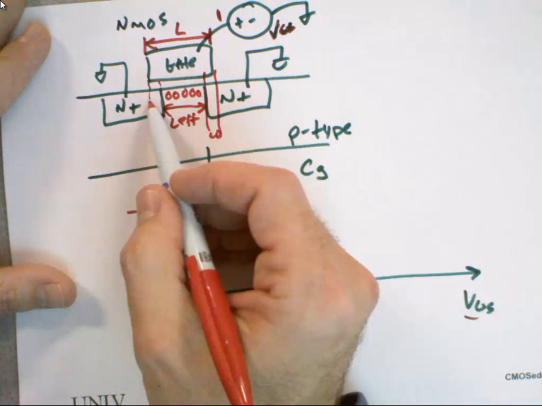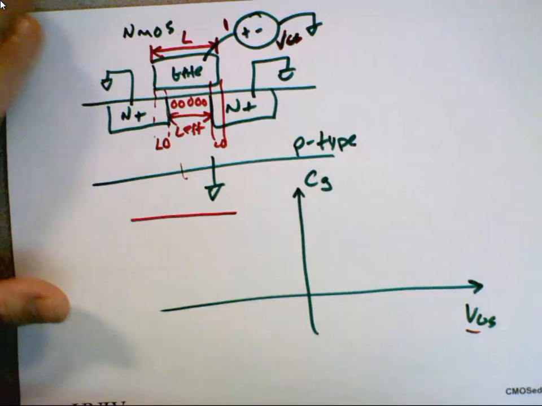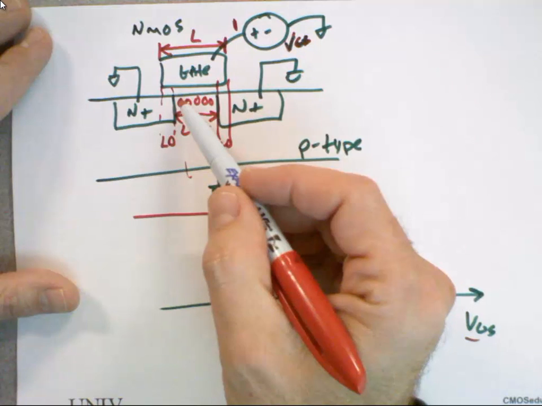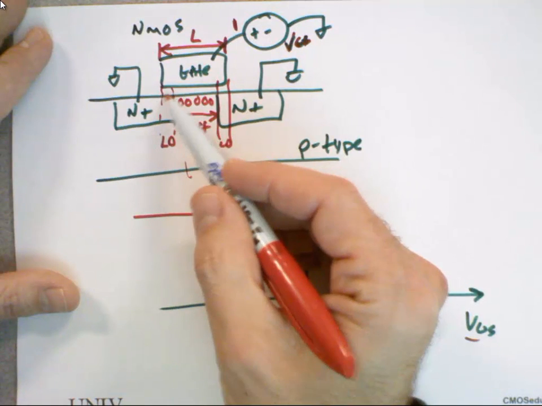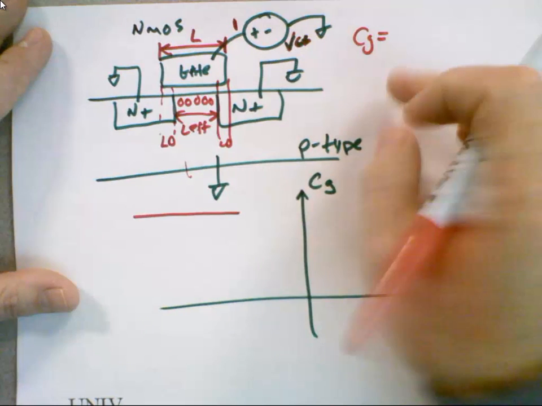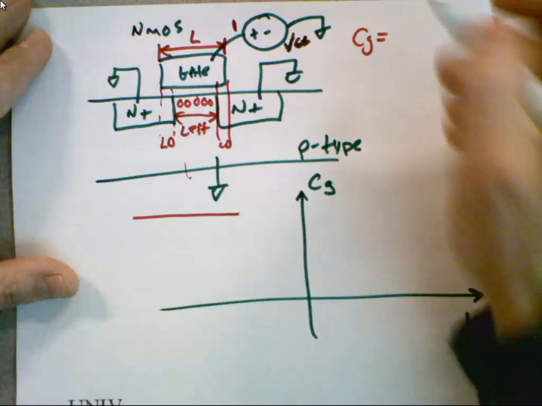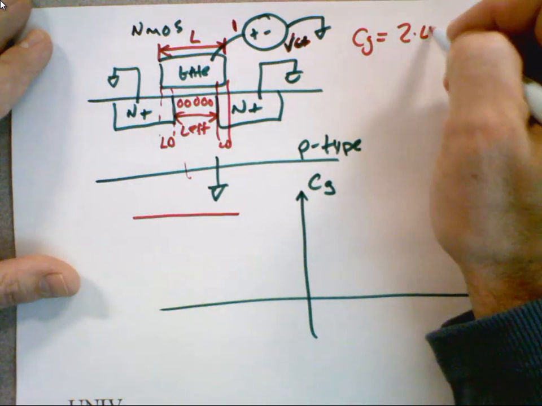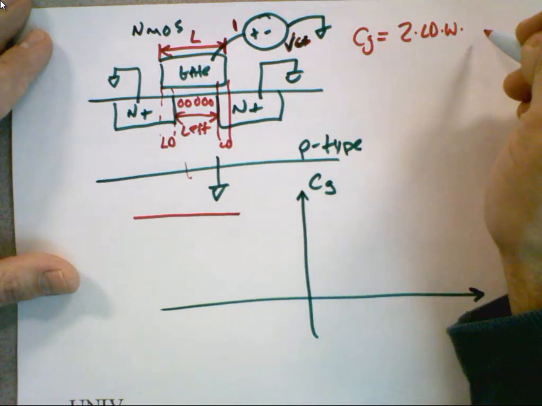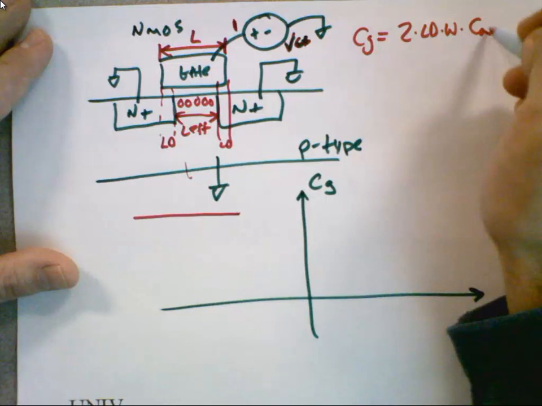So if I want to calculate the capacitance, what goes into the page? The width. So if I want to calculate the capacitance due to the overlaps, start out with the overlaps. Tell me what to write. 2 times LD times W times Cox prime. And what's Cox prime?